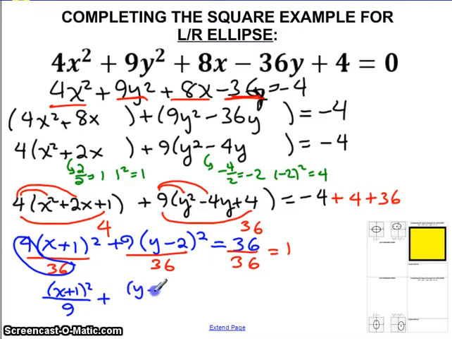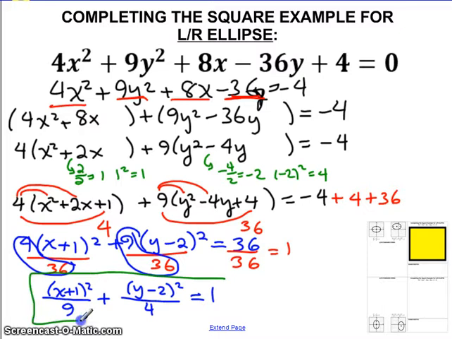Same idea here. We're going to have (y minus 2) squared. This 9 divided by 36 gives us 1 over 4. And then finally on this side, 36 over 36 is 1. And so this is going to be our standard form equation for the ellipse that we're working with right now.